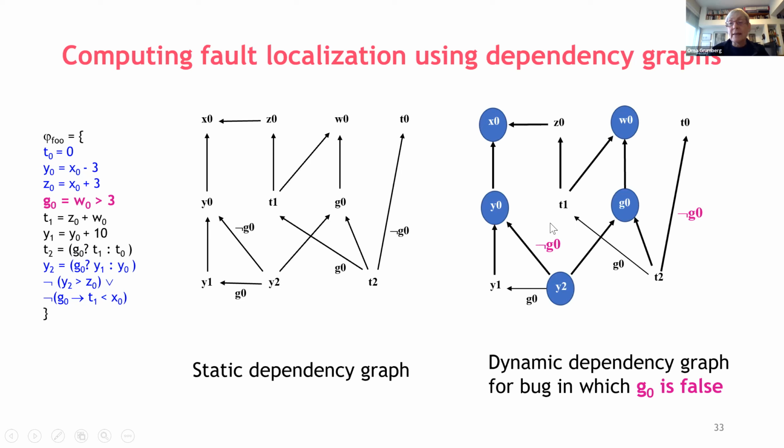And now we want to be more specific. This is the dynamic dependency graph. And we want to be specific for the fault that we got, for the buggy run that we got. Remember that in this run, this assertion was false, and therefore now we see what variables and statements influence Y2, and we'll do the same for Z0.